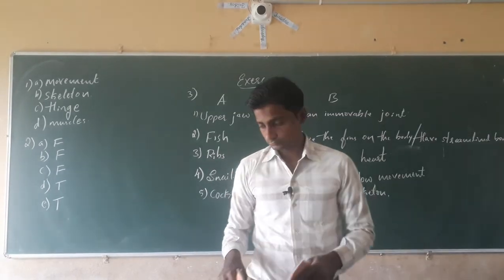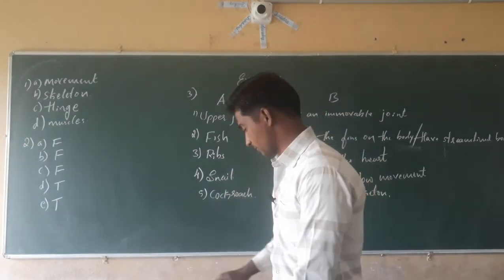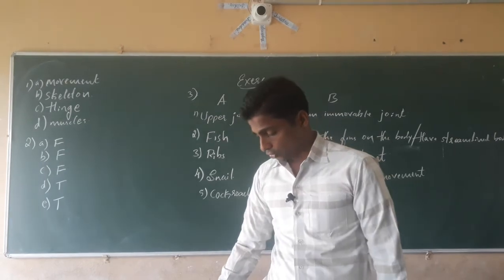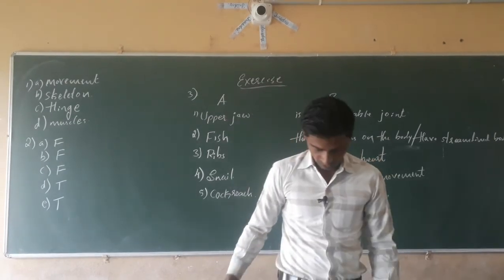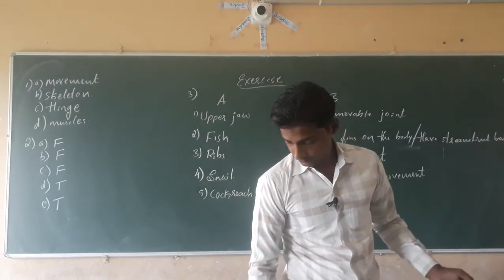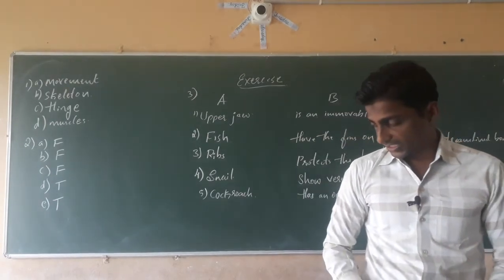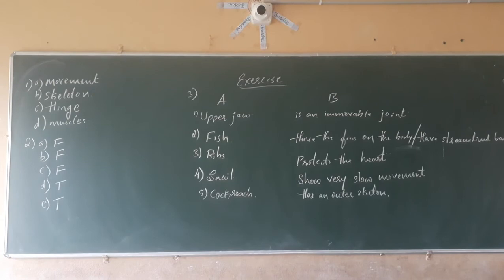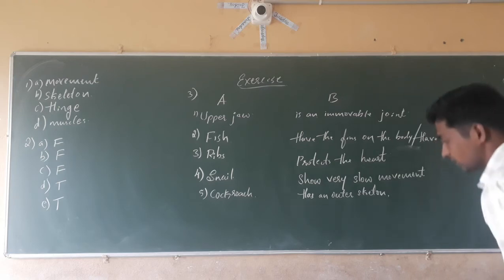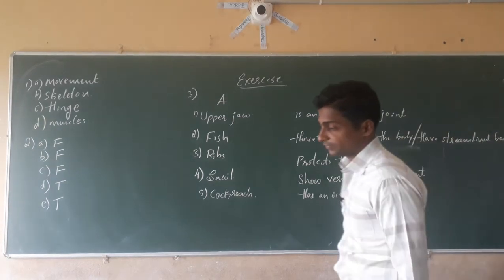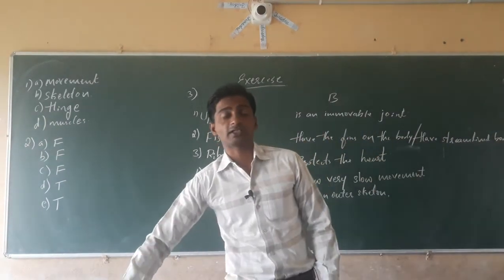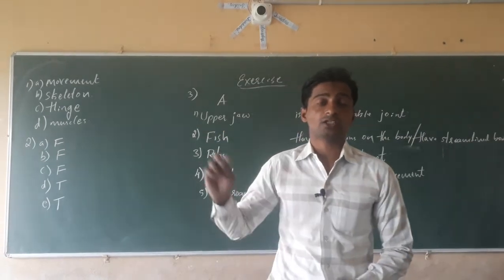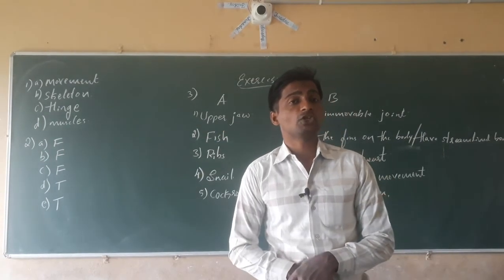Next, come to the fourth main question. Answer the following questions. The first one is, what is ball and socket joint? See here, in the previous class I defined the ball and socket joint, in which I wrote on the board the definition.